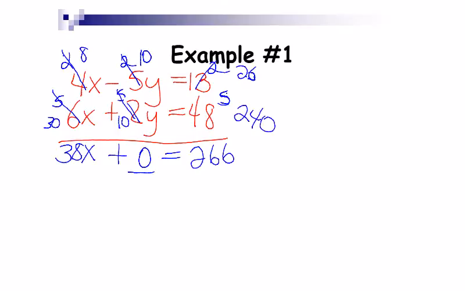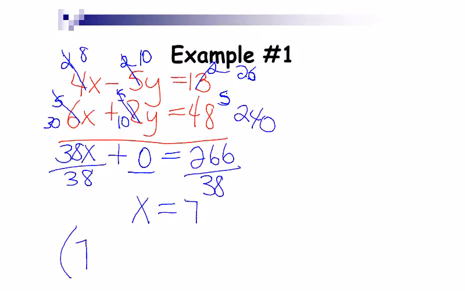Now I can go ahead and solve for x. If I divide by 38 on this side, and the 0 is gone now, 38 on this side, 266 divided by 38 is going to be 7. So x equals 7. Remember, the solution is a point, so it's 7 comma something.